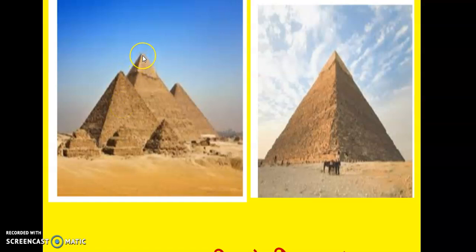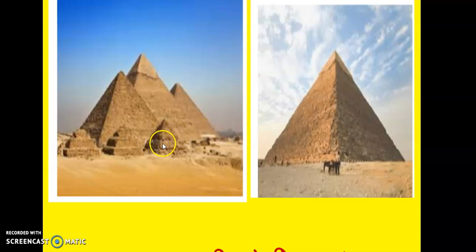Observe carefully, in these pyramids the triangular faces are converging at a point. Observe the converging point.